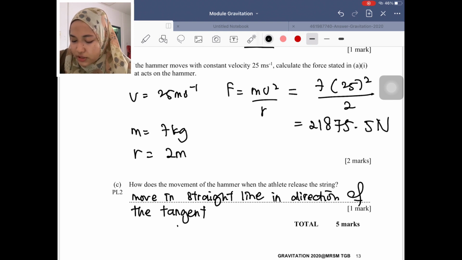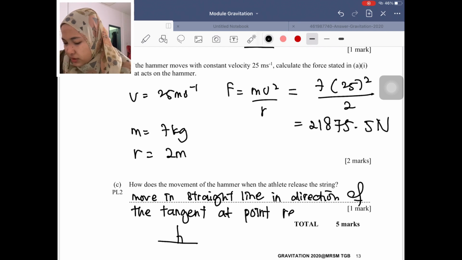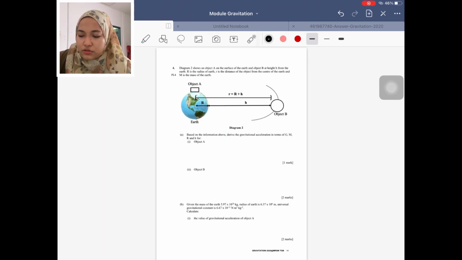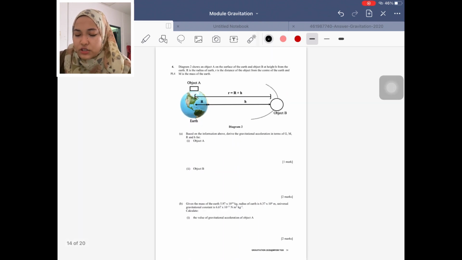So ingat lagi, tangent is 90 degree at point release. Okay, sorry lah tulisan buruk sikit. Alright. So done question number 3.